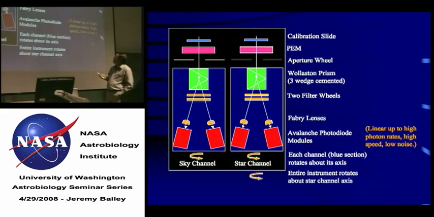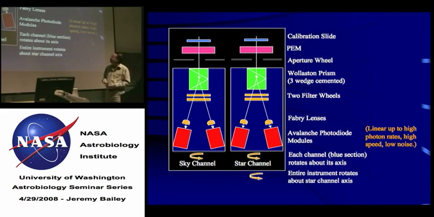So this is the schematic of the device we built. It has photoelastic modulators, a Wollaston prism which splits the light into two polarization beams, and the detectors are avalanche photodiodes, which we chose because they're linear up to very high photon rates. And to do polarization to this accuracy, to measure 10 to the minus 6 polarization effects, basically you need 10 to the 12 photons.